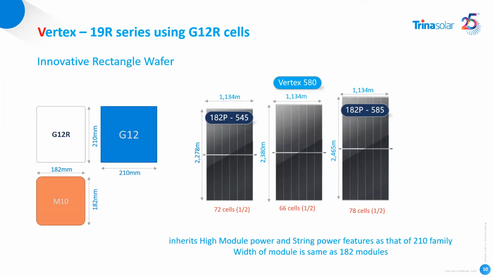Why we are using this is because we think that this will give more string power, more module and more string power in an installation, and this will give you a better chance against hot spots. Sorry, let me put it this way: it's a low risk against hot spots in the market or in the module.